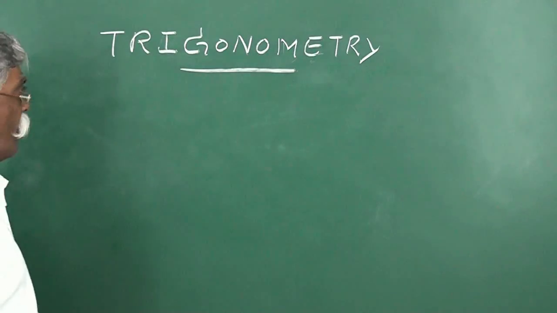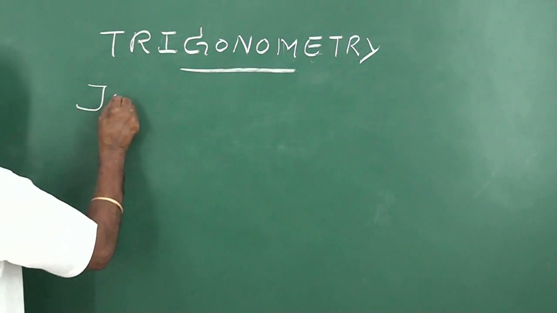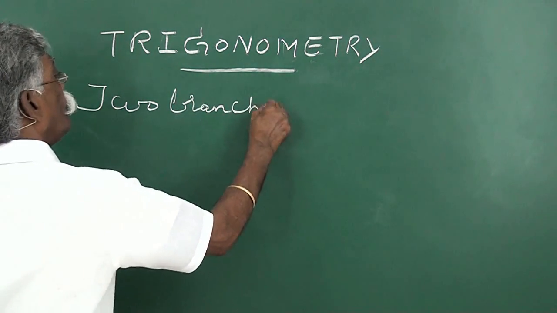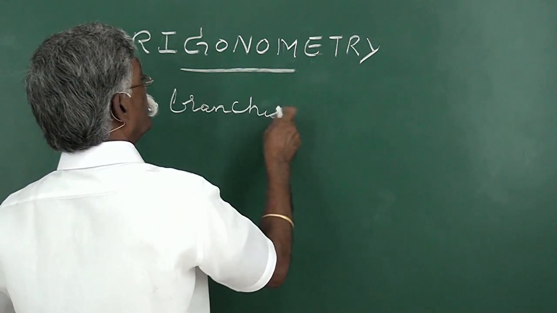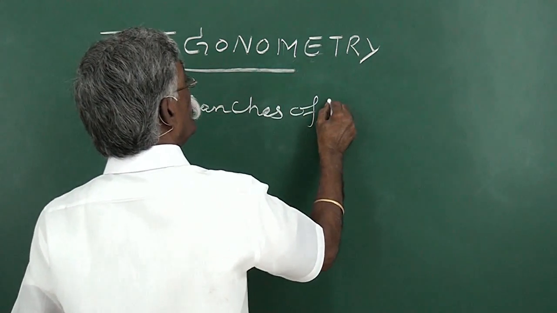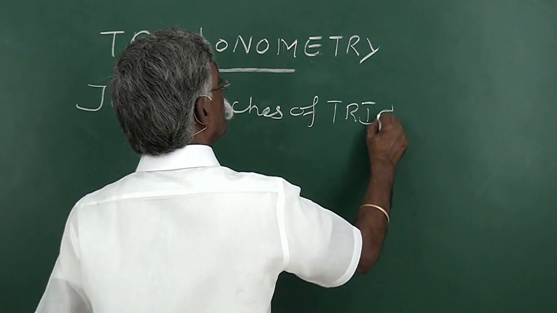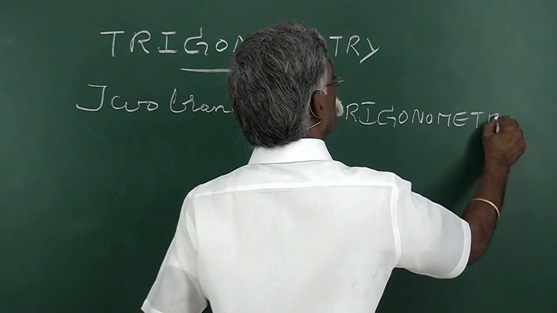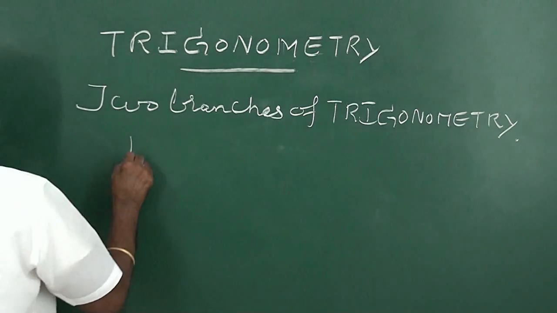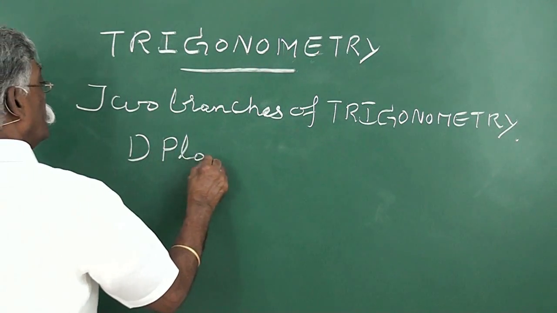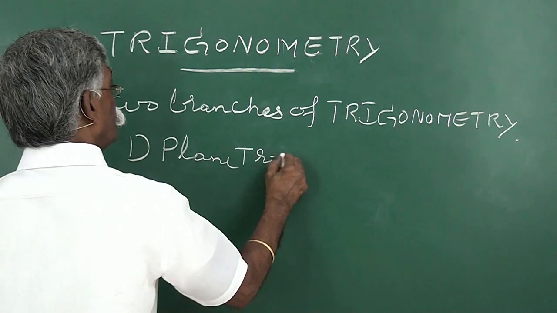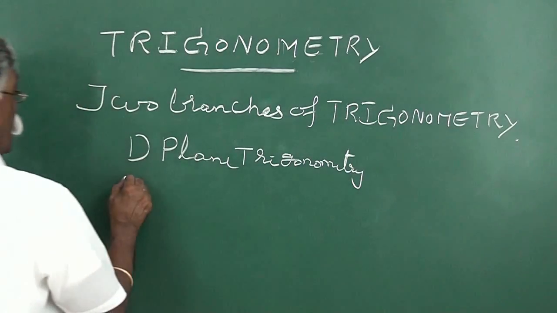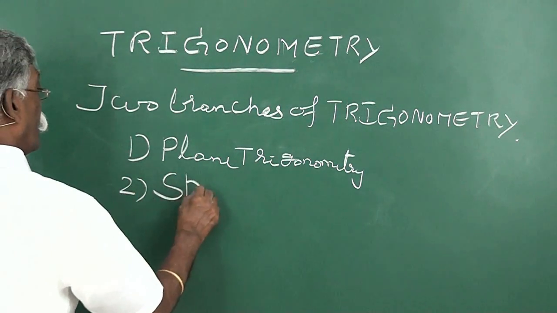So the two branches of trigonometry are: number one, plane trigonometry; number two, spherical trigonometry.